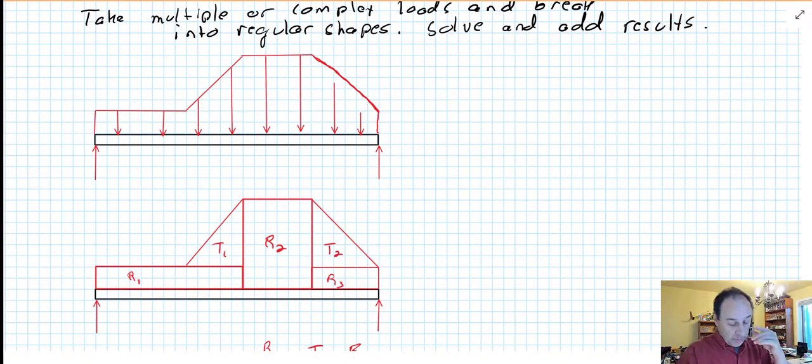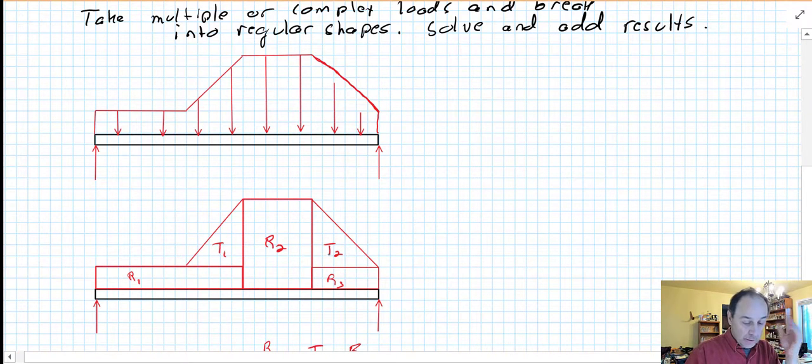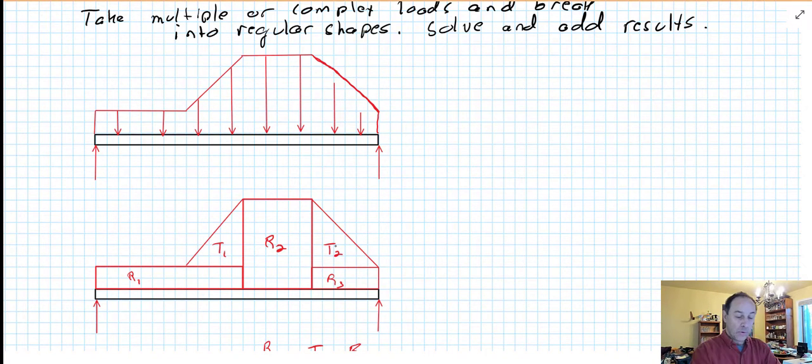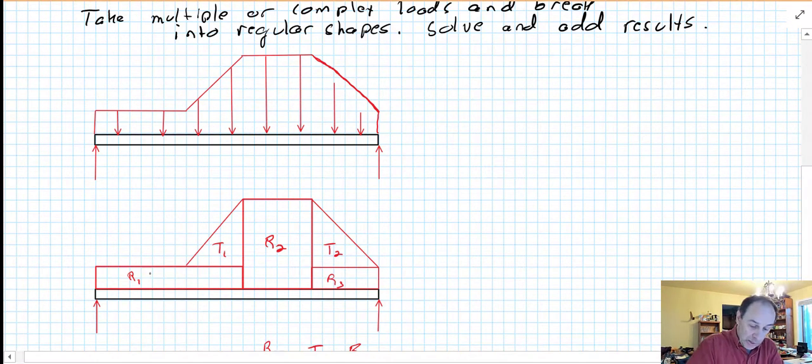Now, there's nothing sacred about the way I did it here. I broke it up into 3 rectangles and 2 triangles. We know how to deal with those. Those are easy to deal with. Nothing says that you couldn't draw a single rectangle the whole length of the beam, and then have another going across here, making that R2 smaller.